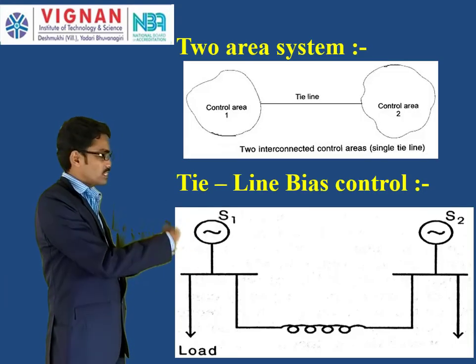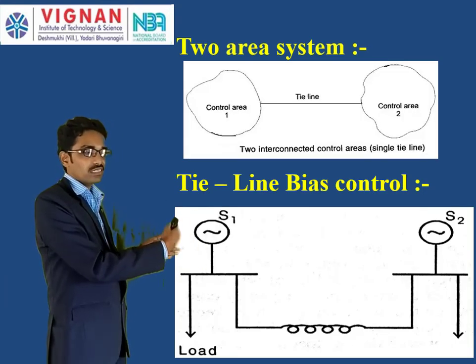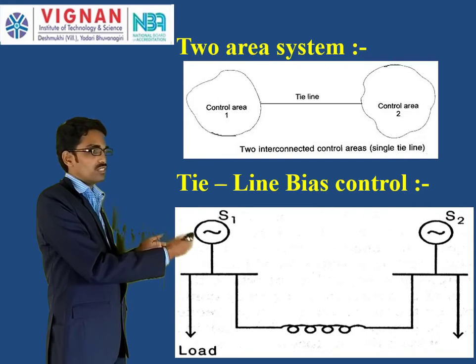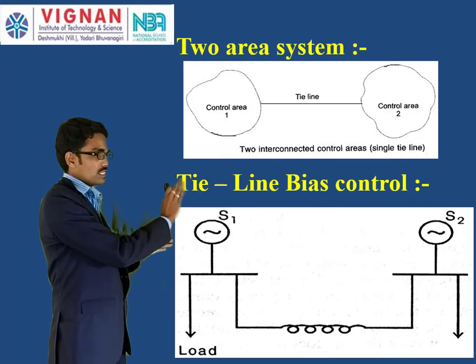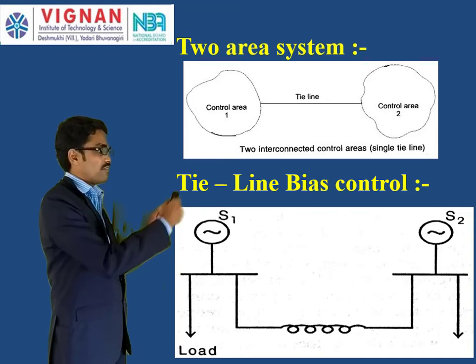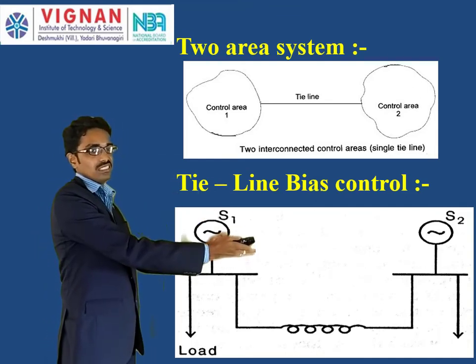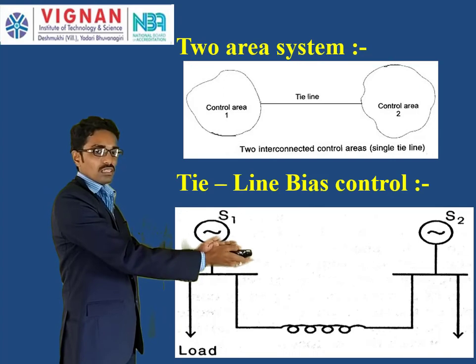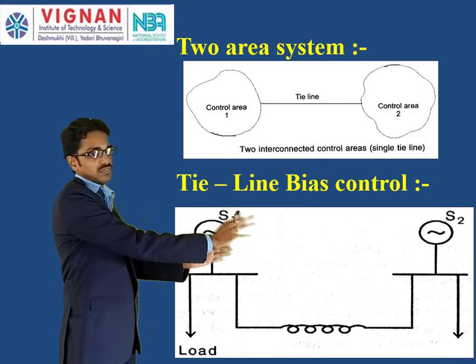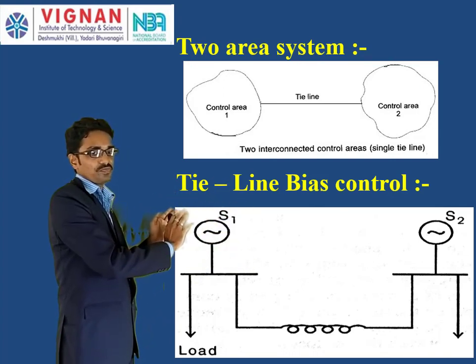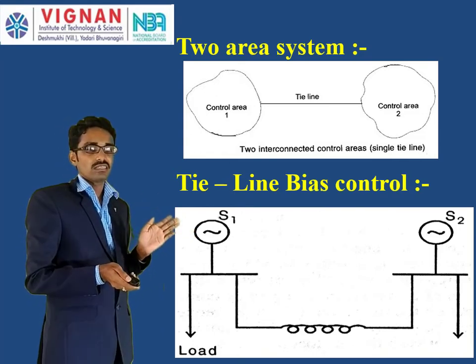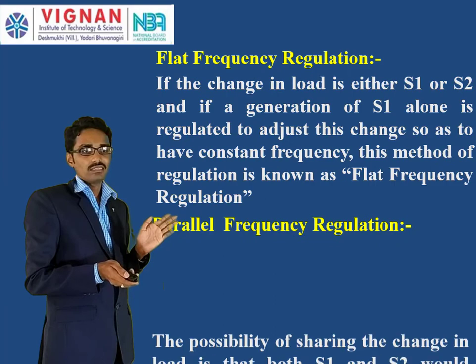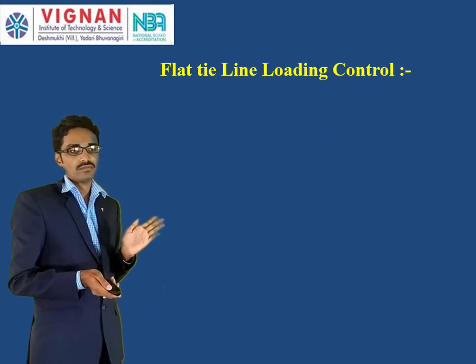If there is any change in the S2 load, only the S2 generation changes. There is no interconnection between the two. That is known as flat tie line loading control.